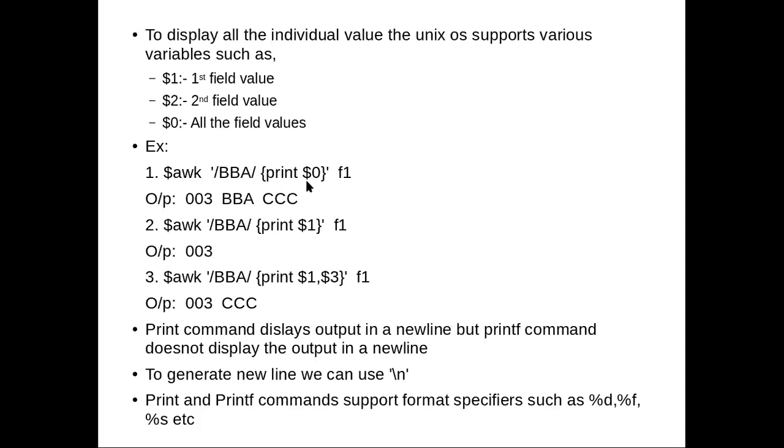What will be there in the $0? $0 means the record in which the pattern BBA is occurring, or the line in which the pattern BBA is occurring. Print $0 means it will display all the field values of that particular record which is containing BBA.